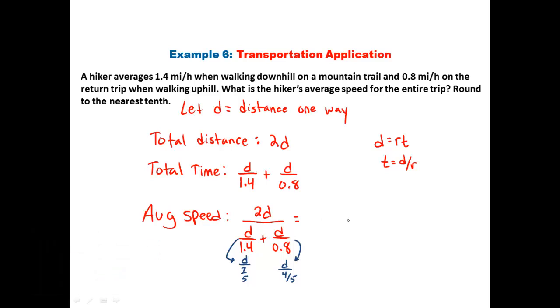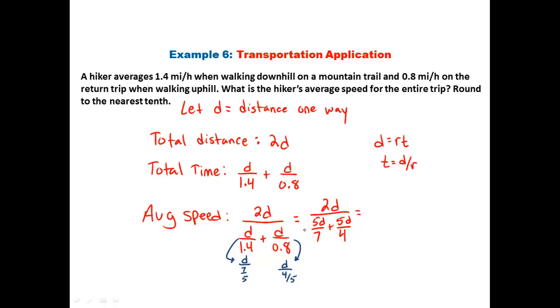I know, we're getting all kinds of fractions in here. So we have 2d over, so this is actually going to be 5d over 7, right? We're going to flip that around, plus 5d over 4. Now, similar to the last problem, we need to get a common denominator here before we can move on.